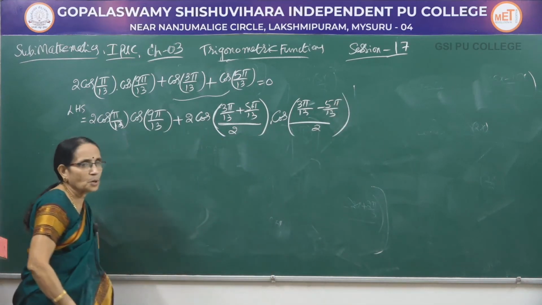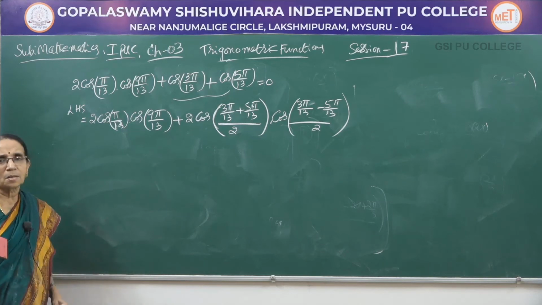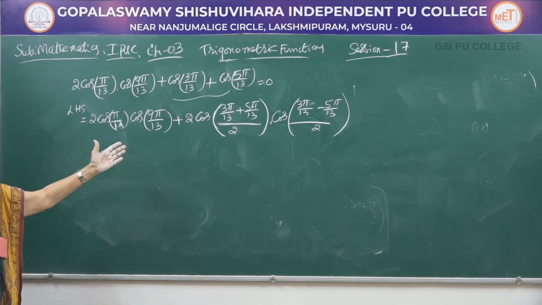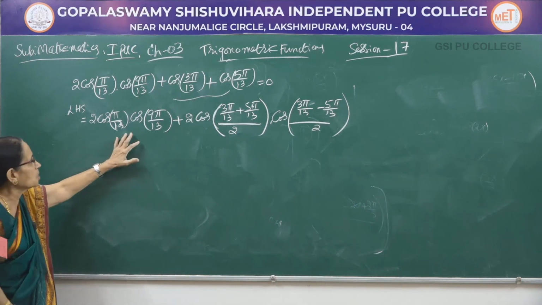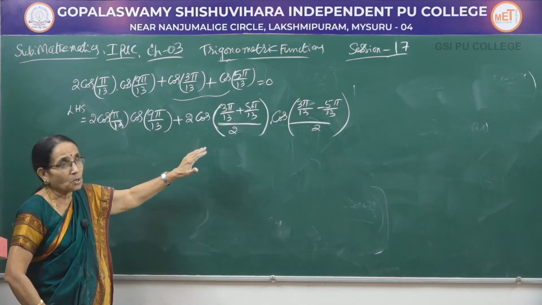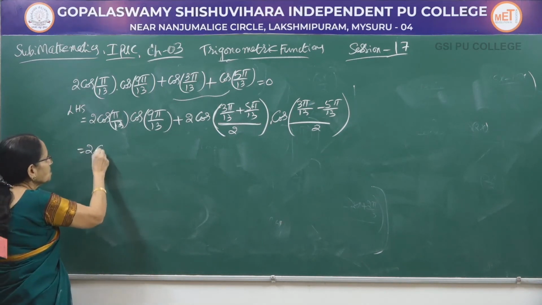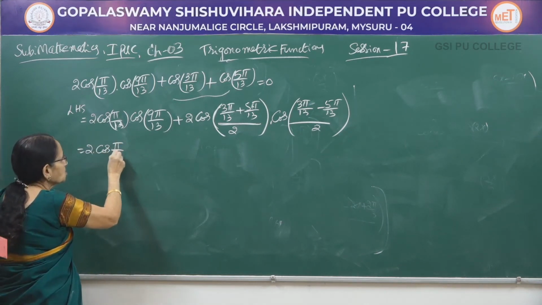So keeping the first product as it is, I am converting the second set of terms, which is of the form sin c plus sin d, using the formula 2 cos c plus d by 2 into cos of c minus d by 2. Here also a product, there also a product, so that they have to get actually cancelled. So keep the first one as it is. Don't make any changes here.